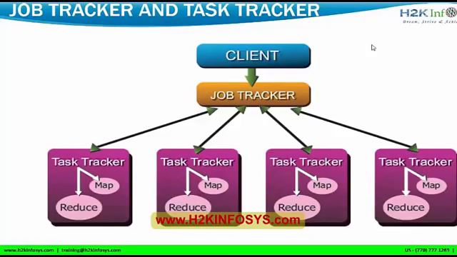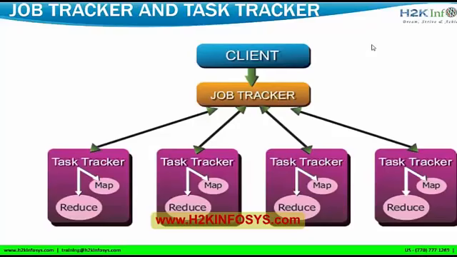The job tracker will coordinate with several task trackers to perform the actual task. All the processing is actually done by task trackers only. The job tracker only maintains which task tracker needs to perform which task.